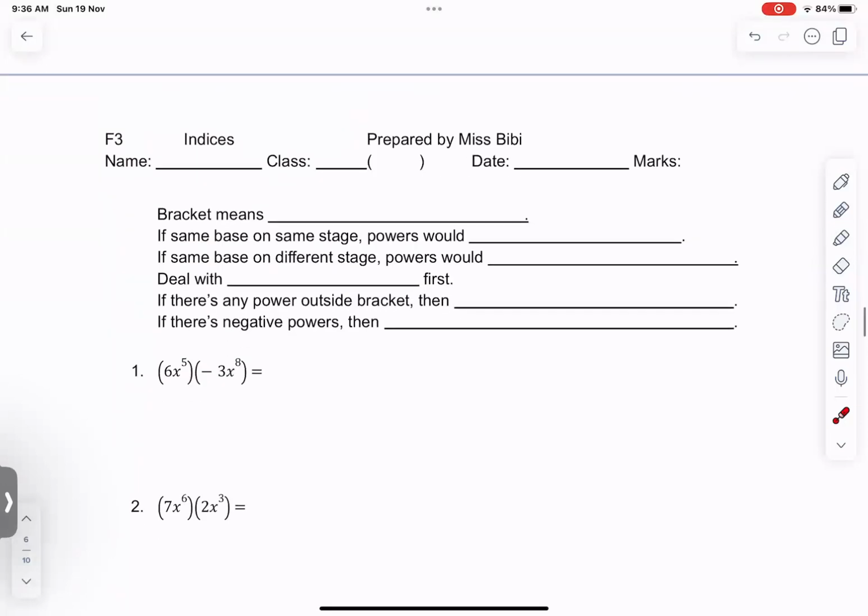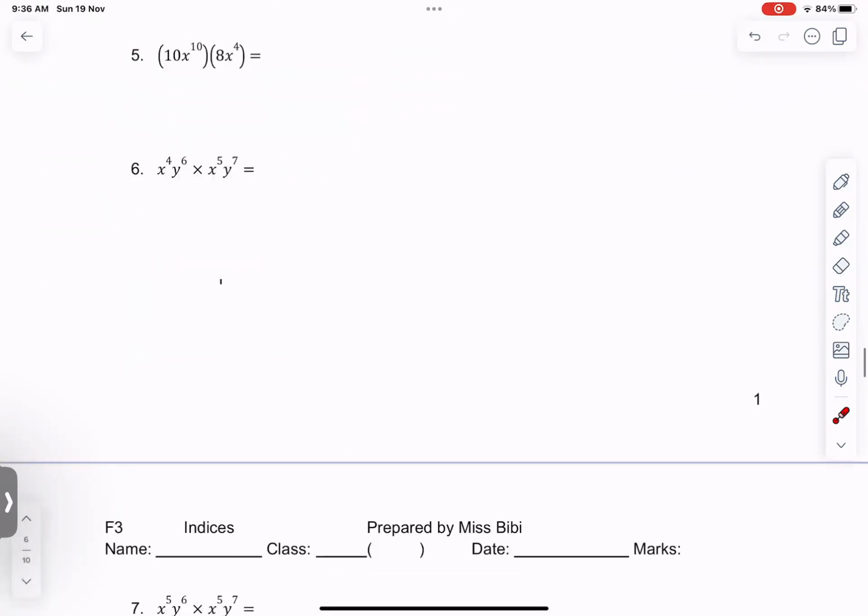Okay, so first of all, do you know that in questions, if there are brackets, that means multiplying? So when there are brackets, you have to multiply this thing with this thing. And if the same base is on the same stage, what will the powers do?